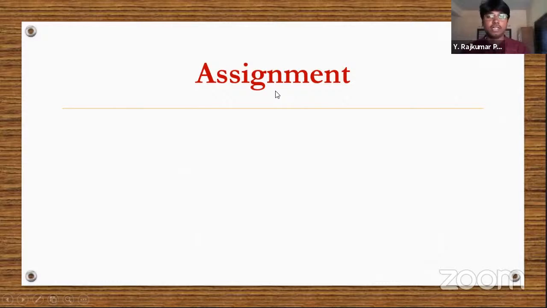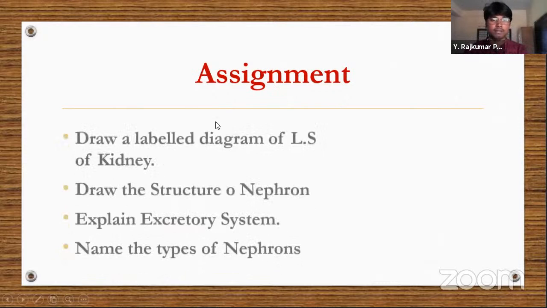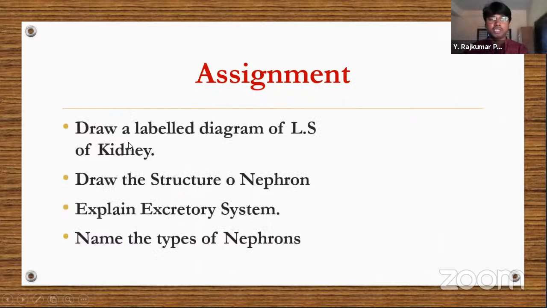Now let me give you some assignment related to this class. You need to draw a labeled diagram of the longitudinal section of kidney. In the first or second slide, I have shown this. Next, draw the structure of nephron. This is also given.